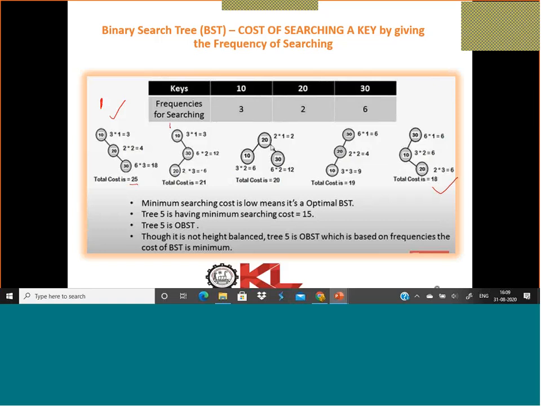So to tell that 5 is not available in the tree, I need to perform 2 comparisons. Similarly, here 3 comparisons, and here 2 comparisons. So this may also occur.